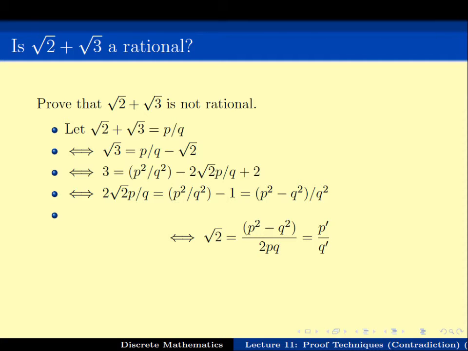Now since p and q are integers, p square minus q square is also an integer, let it be p prime, and 2pq is also an integer, let's call it q prime. So in other words, if square root 2 plus square root 3 is a rational number, I end up proving that square root 2 is a rational number, which is something that I know to be false.